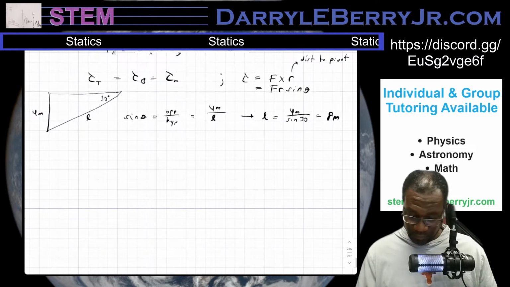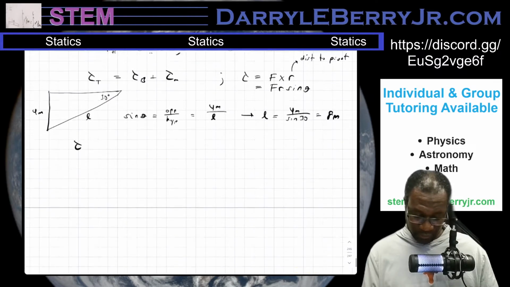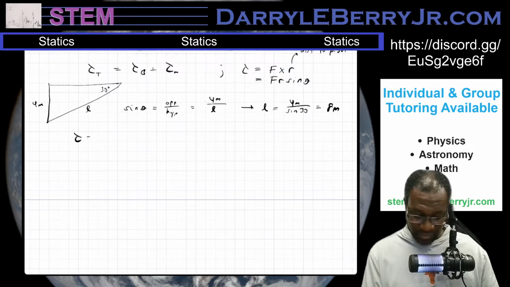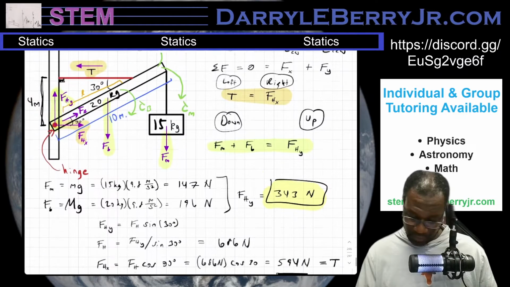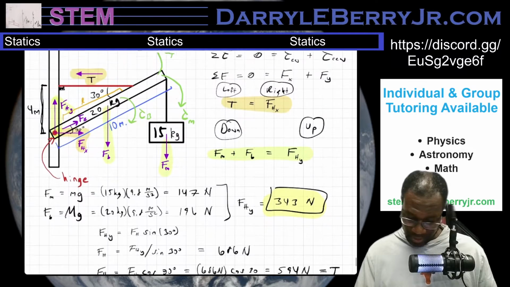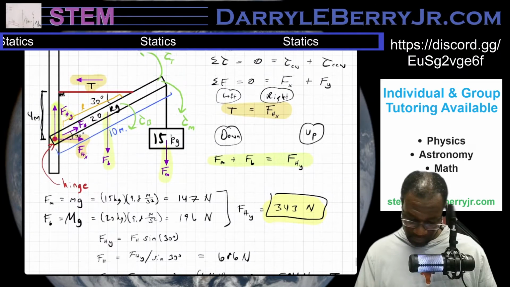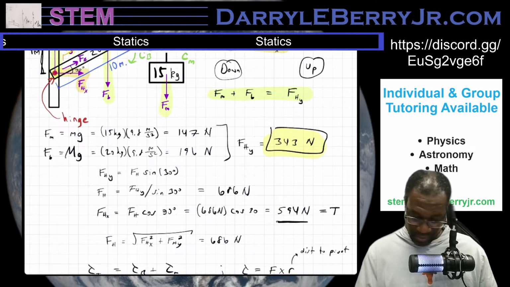So what that means is that torque for tension is going to be, well, maybe I'll solve for that. I don't want to use my FHX that I solve for, because this is the one I'm uncertain about.